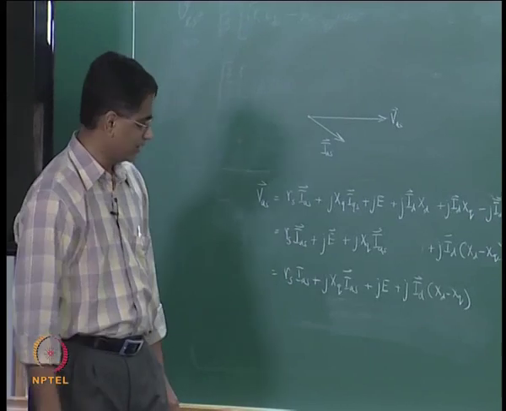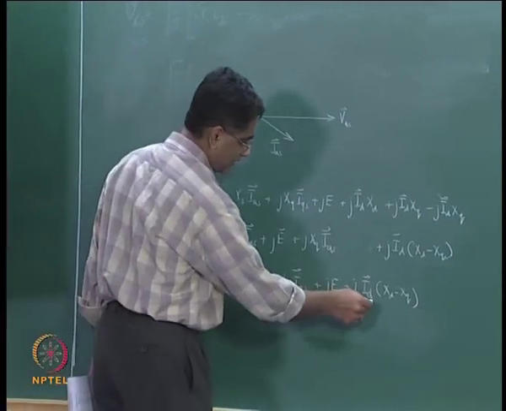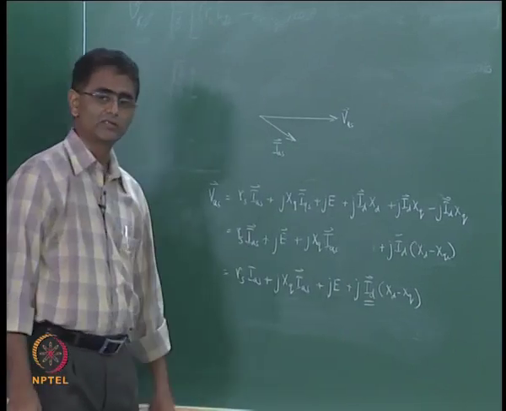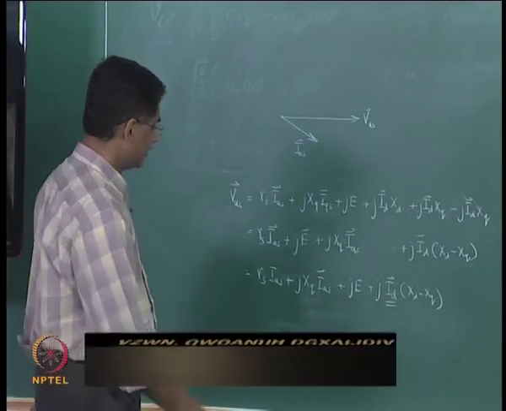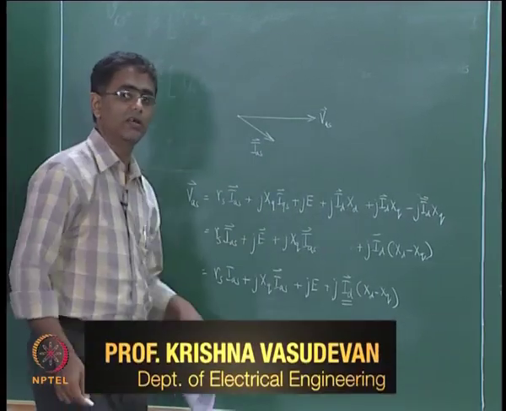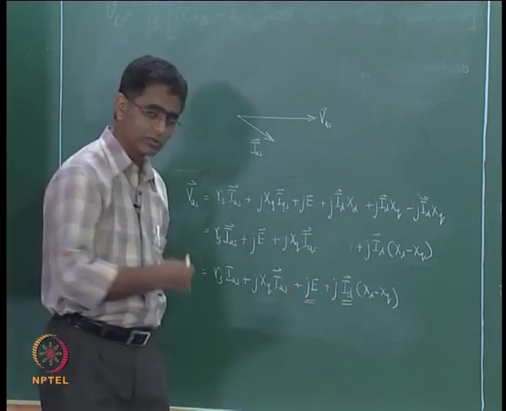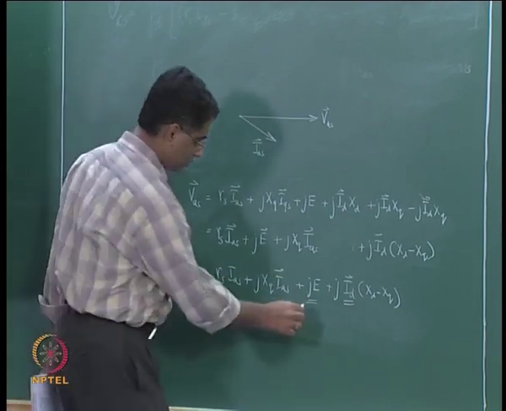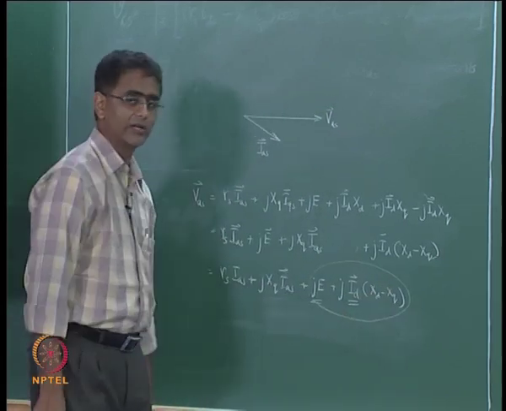What is interesting in this form of the expression is that the phasor ID lies along the D axis, and therefore J times ID must lie along the Q axis, and this J times E also lies along the Q axis. So, both these terms together lie along the Q axis.